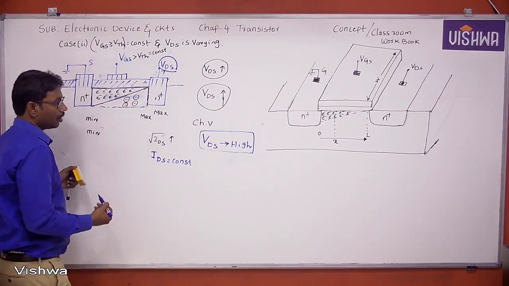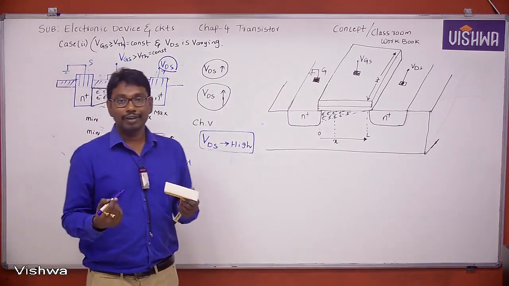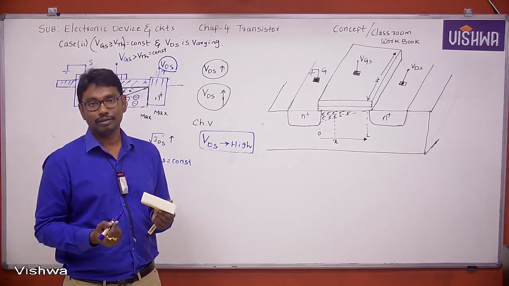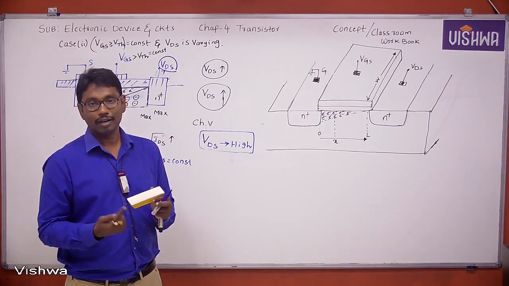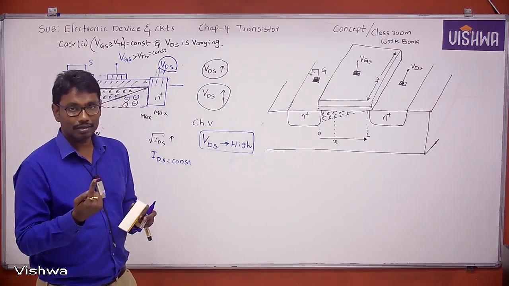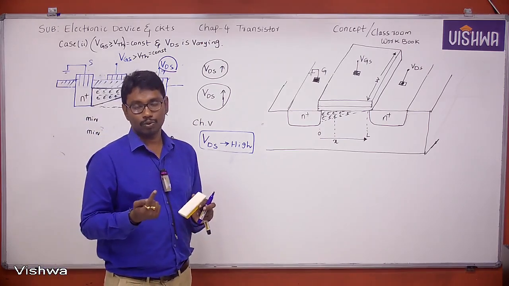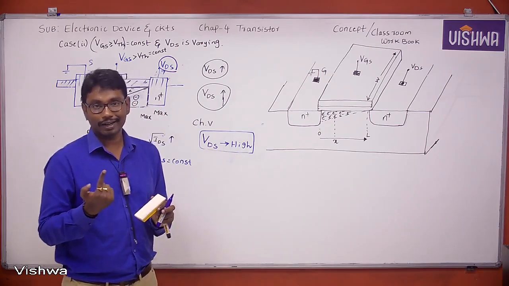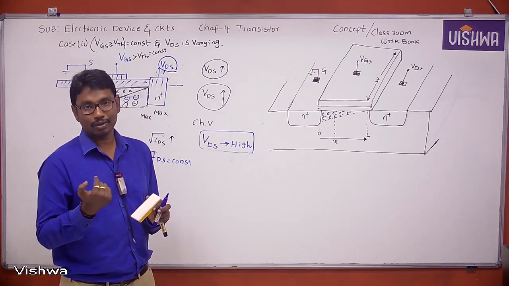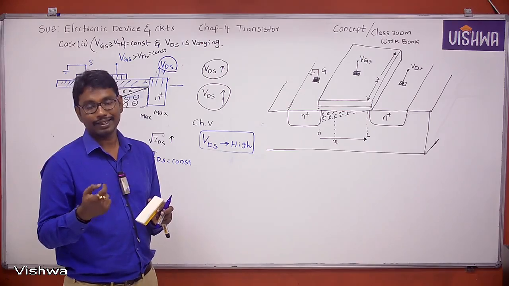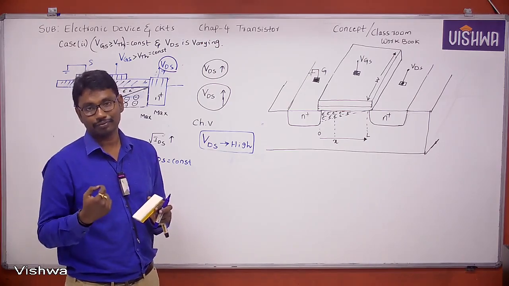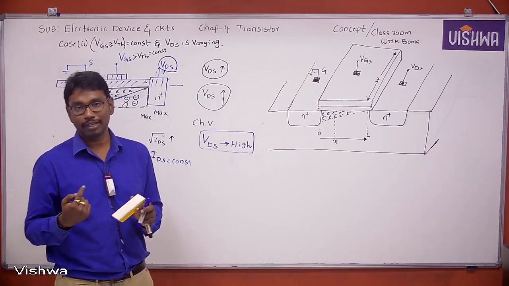Write down: when VDS is made very high, then the channel at the drain end is almost zero, that is, it is said to be pinched off.